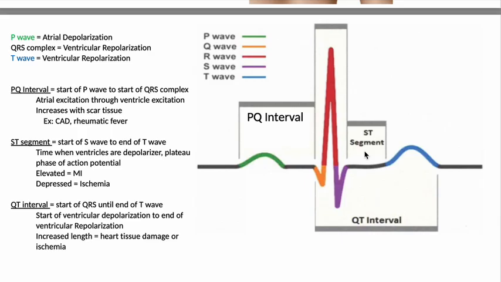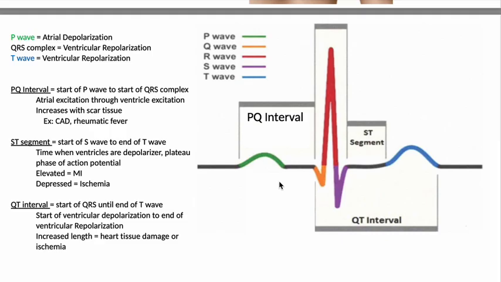So the three main things that you need to know about every ECG are these 3 points right here: the P wave, the QRS complex, and the T wave. The P wave is this first little green bump. This P wave represents our atrial depolarization, which is our signal for contraction. Once we start that action potential, that is our electrical signal for our mechanical action.